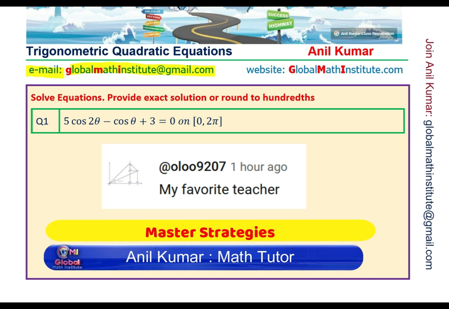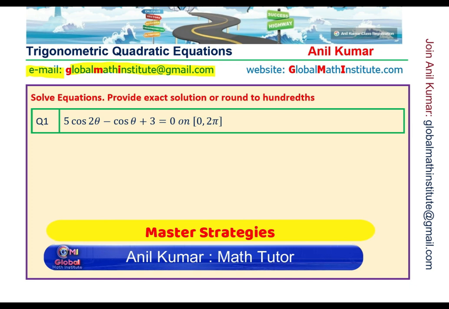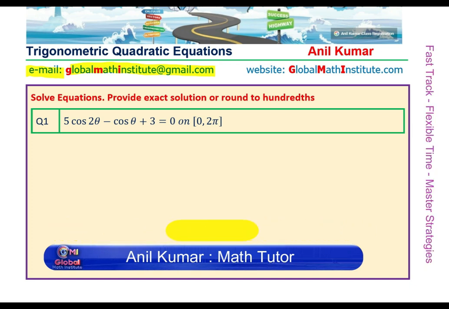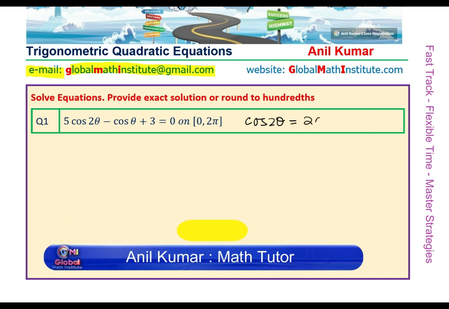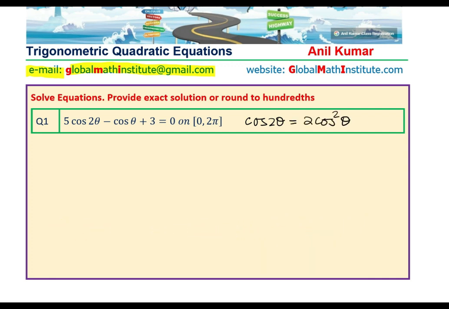Question here is 5 cos 2 theta minus cos theta plus 3 equals to 0 on the domain 0 to 2 pi. So cos 2 theta basically has three different formulas, as you know. We'll use cos 2 theta equals to 2 cos square theta minus 1 to write this quadratic equation in cosine.